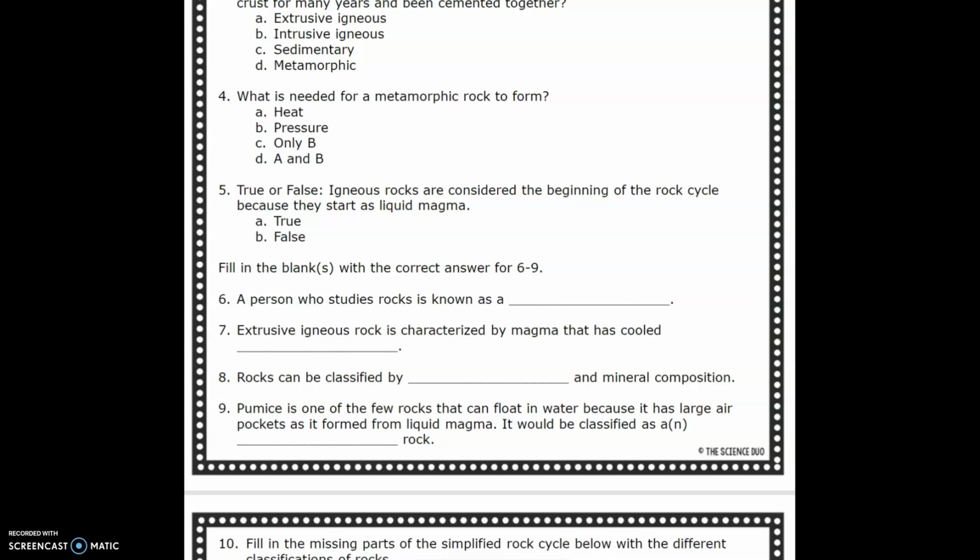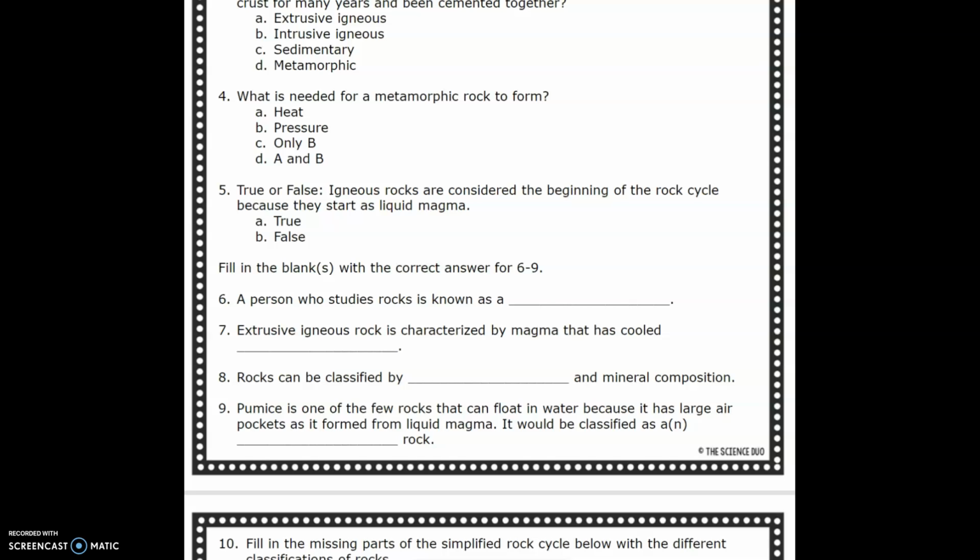Number 7, extrusive igneous rock is characterized by magma that has cooled rapidly. So extrusive is when that lava... and it's not actually magma, they have it wrong there.